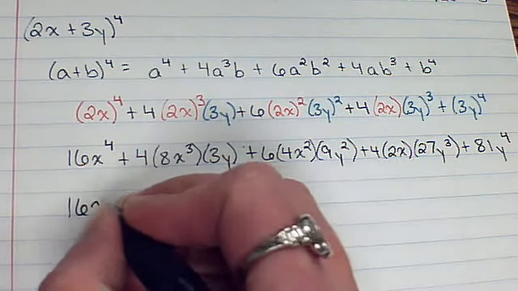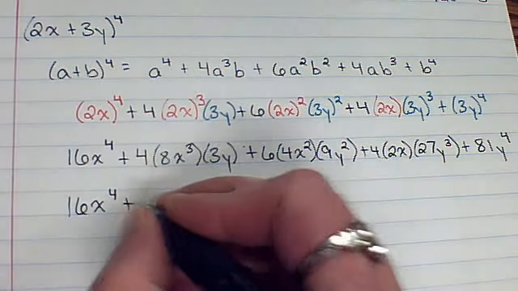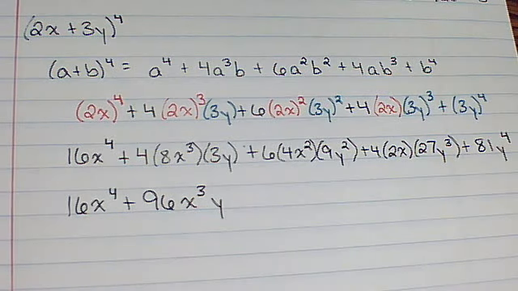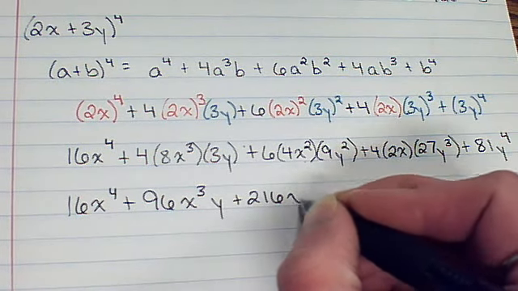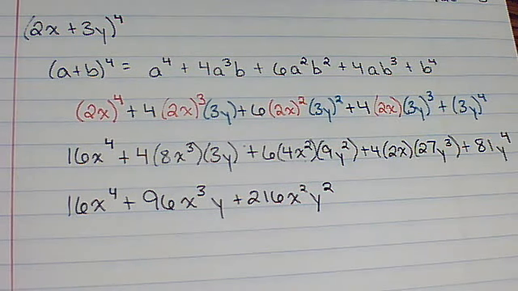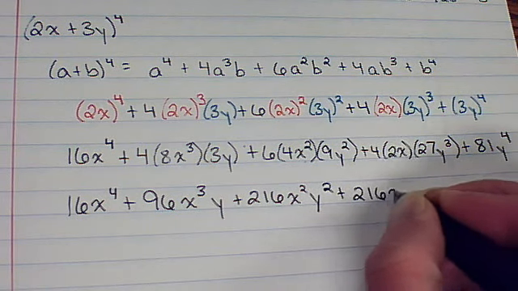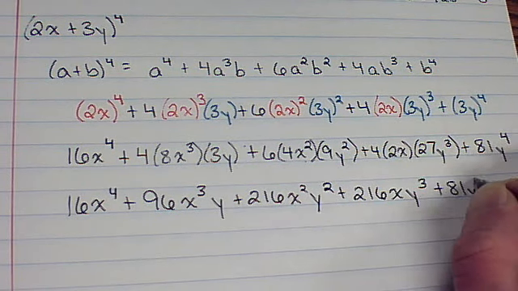We have 16 x to the 4th plus 96 x cubed y plus 216, and I have an x squared, y squared. 8 times 27. I ended up with a 216 again, x, y cubed, plus 81, y to the 4th.